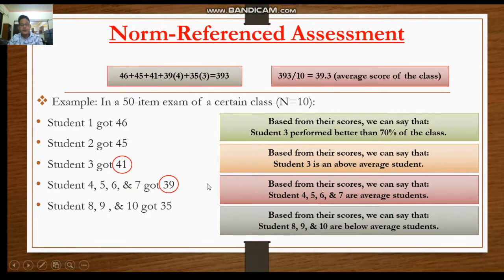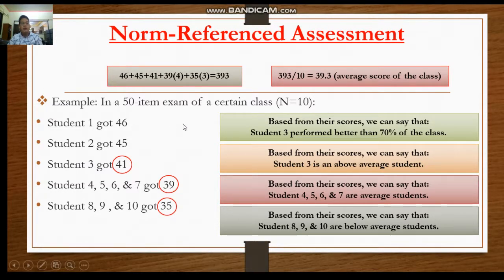And we can also say that students 8, 9, and 10 are below average. Why? Because 35 is below 39. That means they are below the average score, so they are also below average students in this exam that they have performed. And we can also say that student 1 is the best among the class, because that is the highest score.